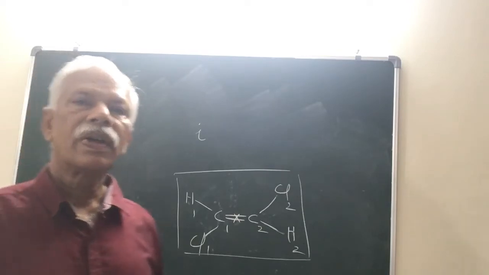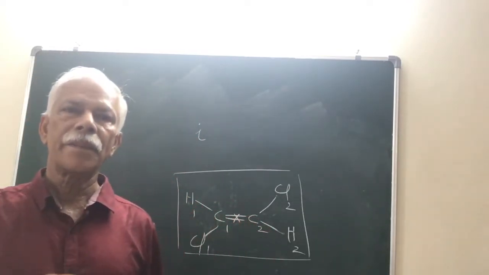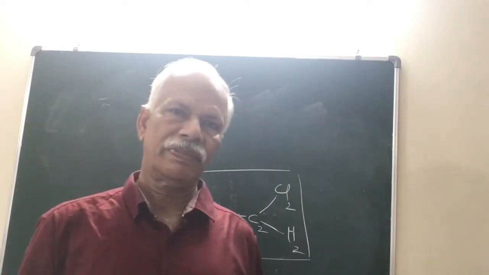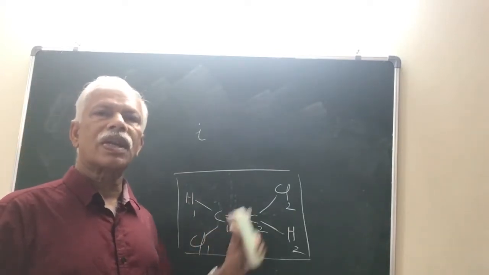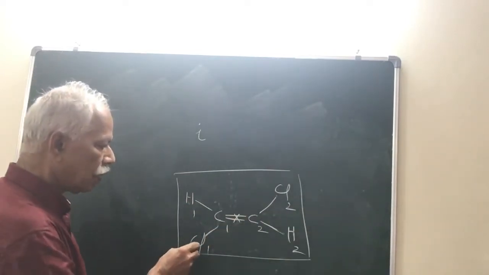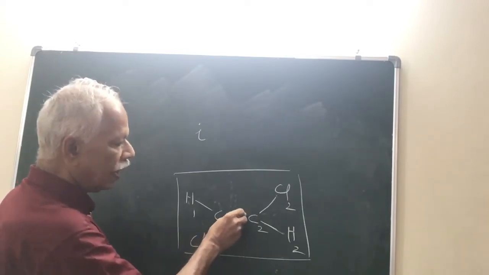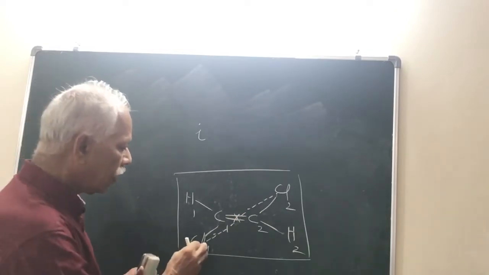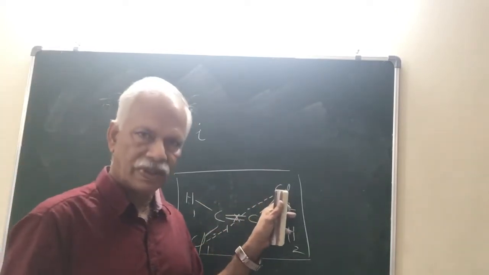How is the inversion operation done? You draw a line from every atom to that point, extend it an equal distance in the opposite direction. For example, from Cl1, I am drawing a line to this point, extending it an equal distance in the opposite direction and putting this Cl1 at the new terminus.